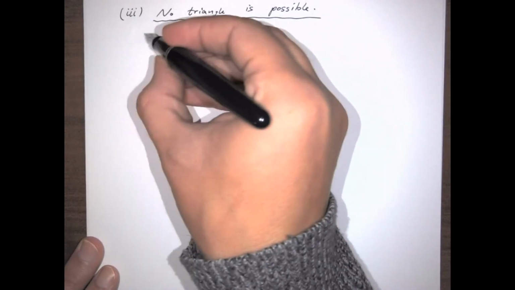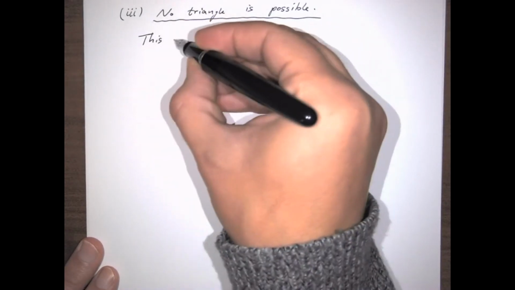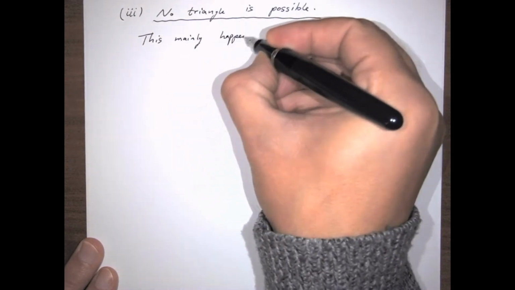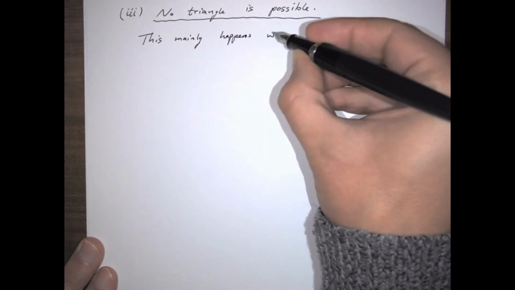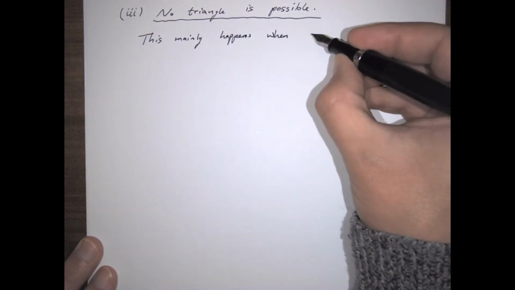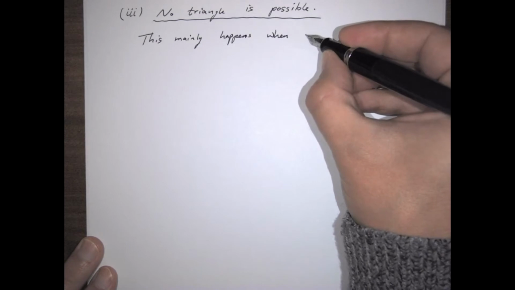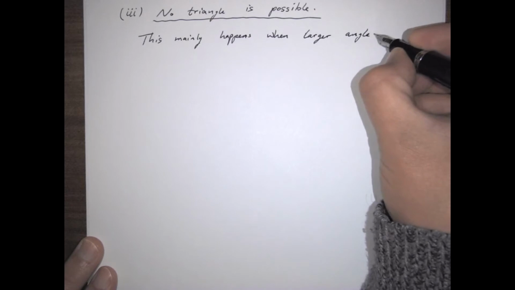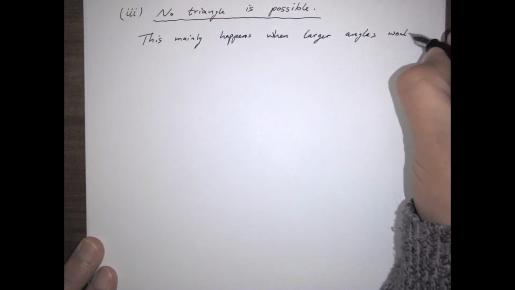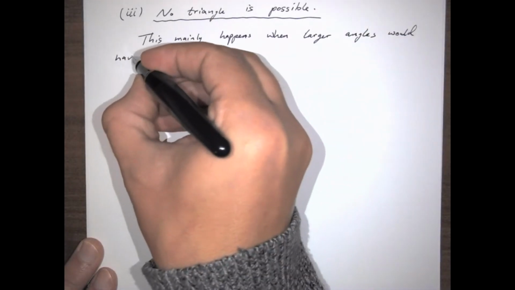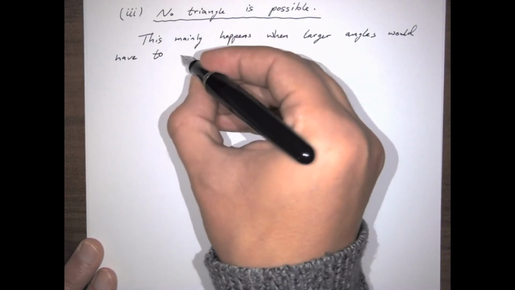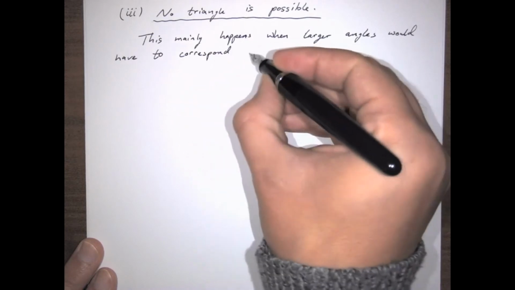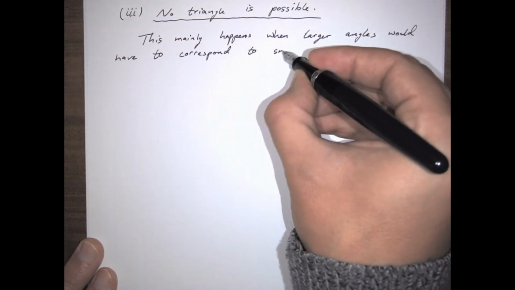So this mainly happens when larger angles would have to correspond to smaller sides.